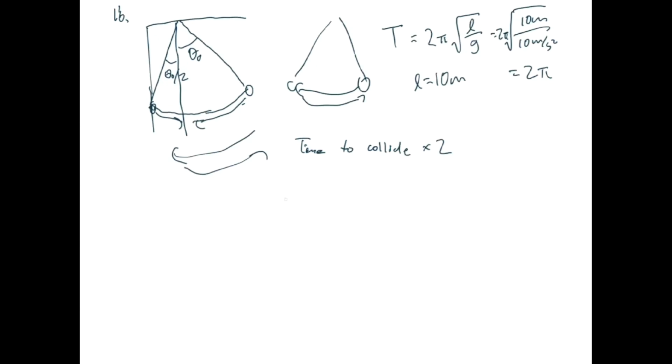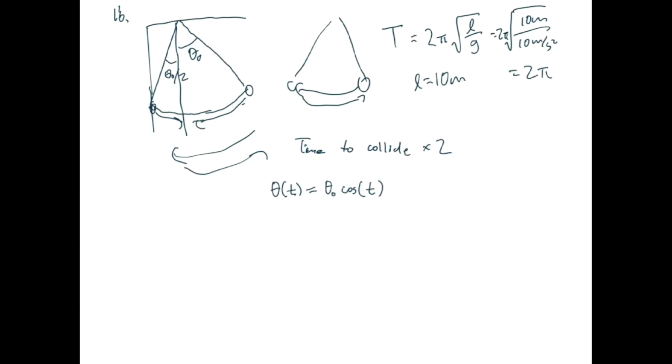Now what do we do? We can express the angle of the pendulum as a function of time. It's undergoing simple harmonic motion, so it's going to be sinusoidal. We know it's initially theta 0, and it varies sinusoidally like so.